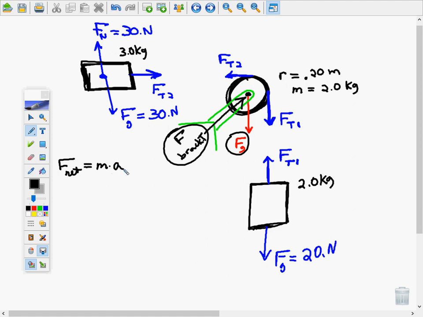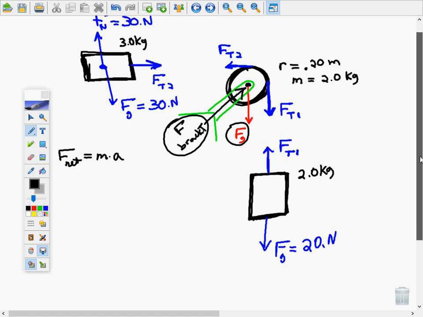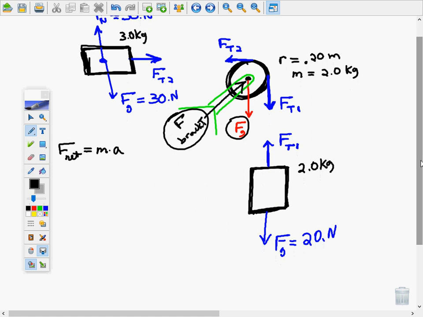And we have to make substitutions in for F net and for m, and then rewrite it with the a. And then for this object over here, same thing. It's going to be going faster and faster straight down. So we're going to apply F net equals ma to that object as well.